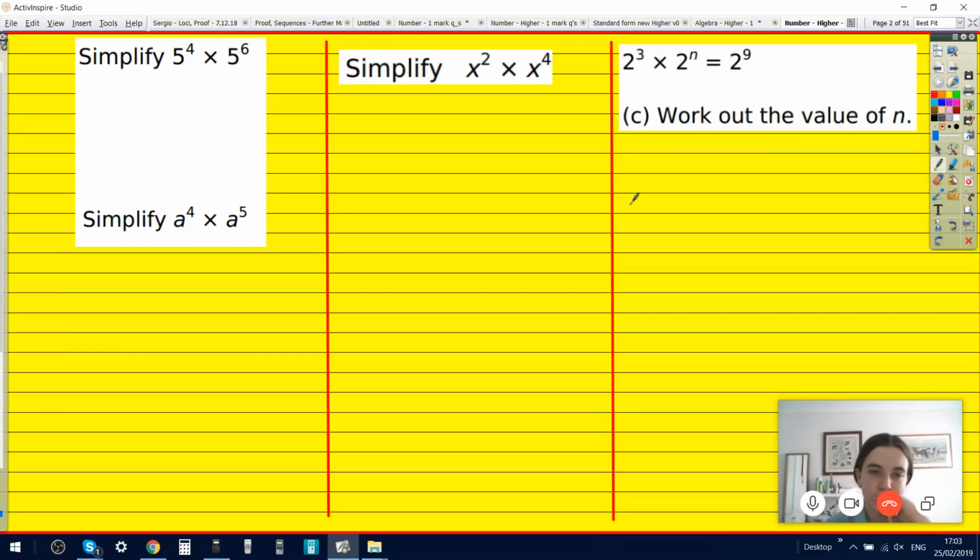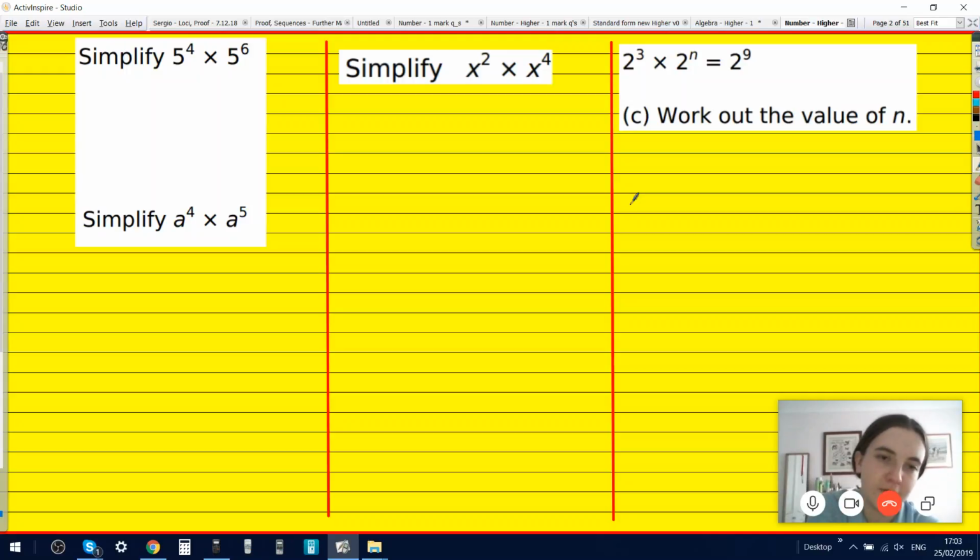Okay, let's try these. So top left. 5 to the 10. Yeah, and middle one. X to the 6. Top right. N equals 6. Yep.